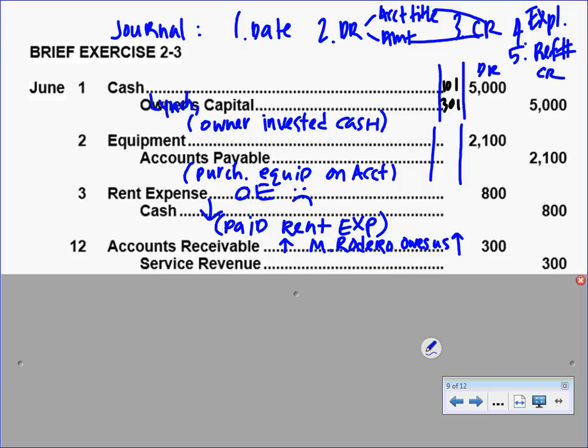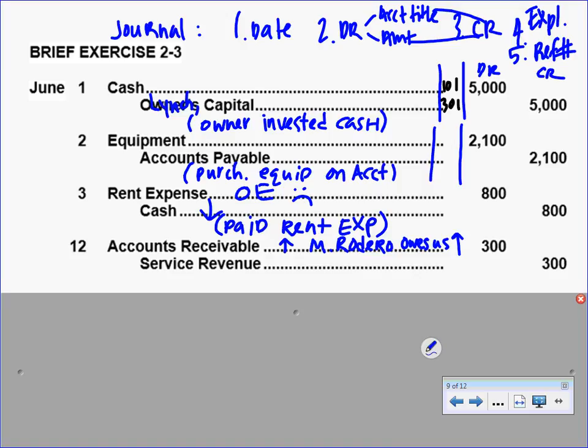Let's stop and do that fourth step. Let's write a little description. You probably have run out of lines at this point, right? So just write it underneath on that line 12. Charged AR or service performed.